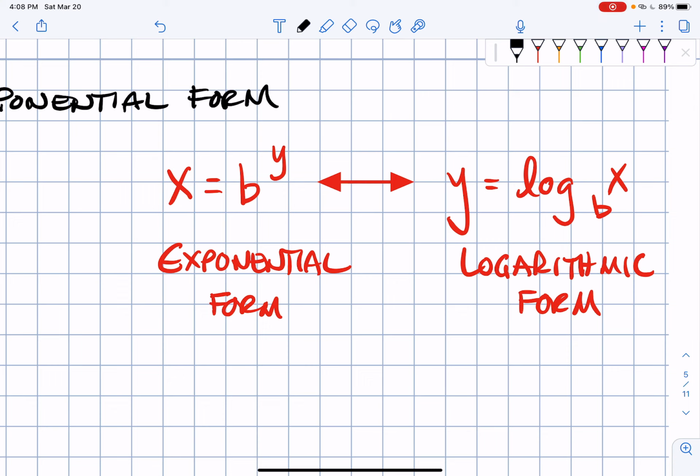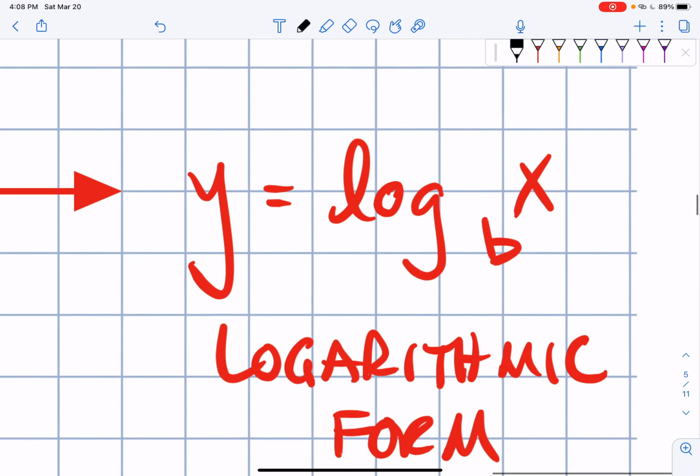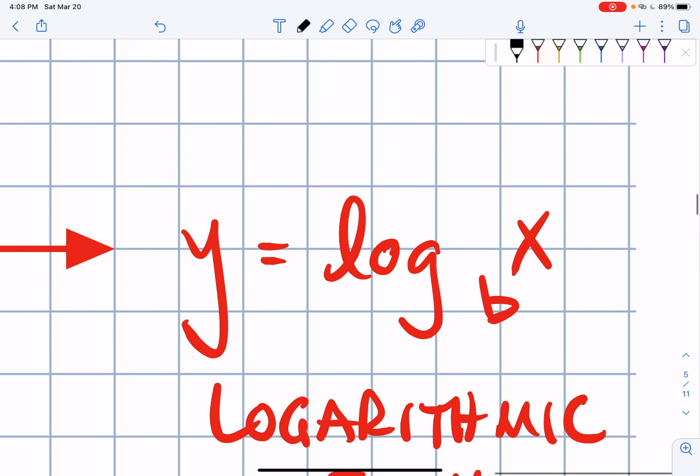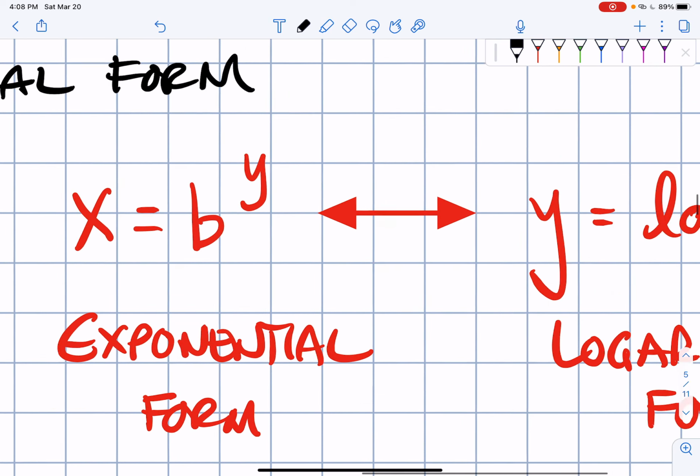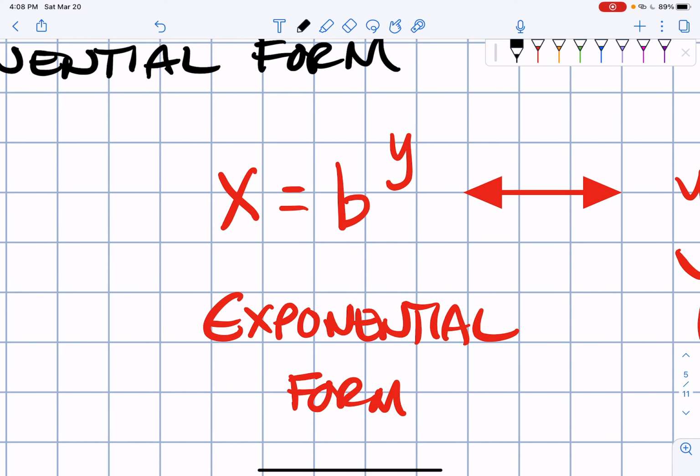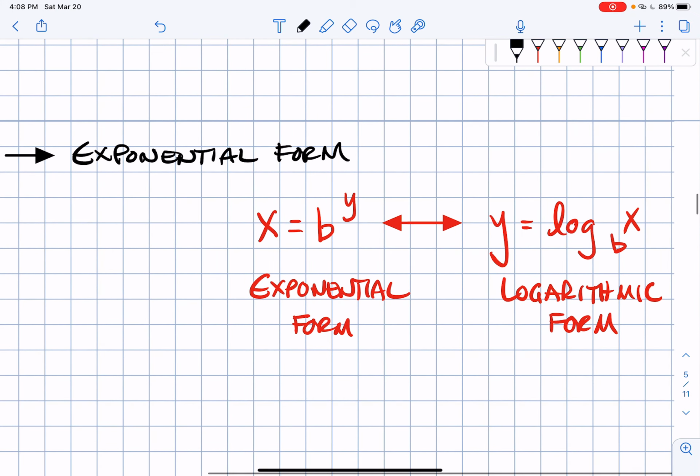And one of the things I keep on reminding students is this, that notice that the base here with the log is with the x at this time. Well, when you change to the exponential form, now the base is with the y, okay? So that would kind of help you, right? Obviously, from the logarithmic form to the exponential form, the log disappears, and the only difference is that the base gets switched. Instead of with the x, it's going to go with the y. If it starts with a y, then it goes with the x, okay?